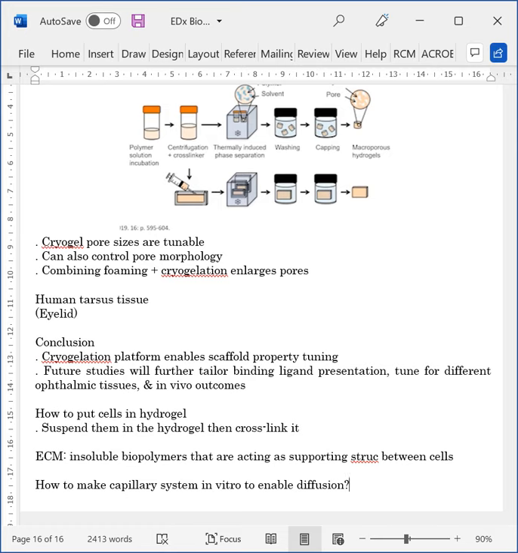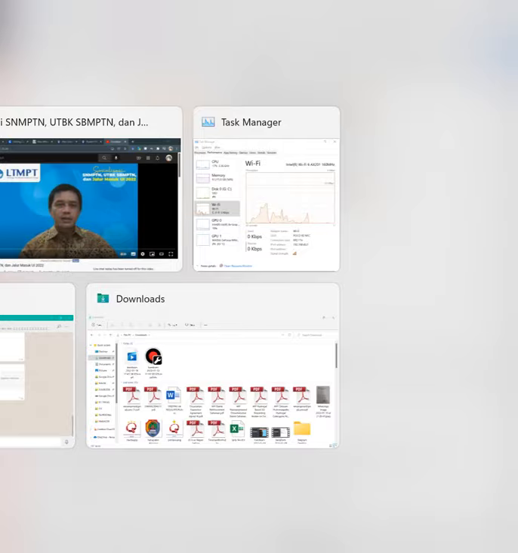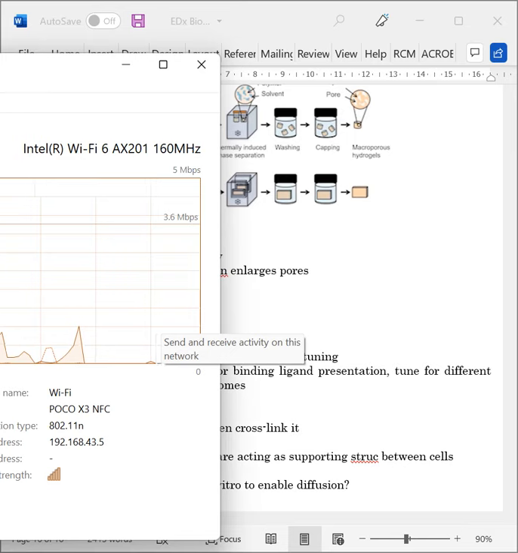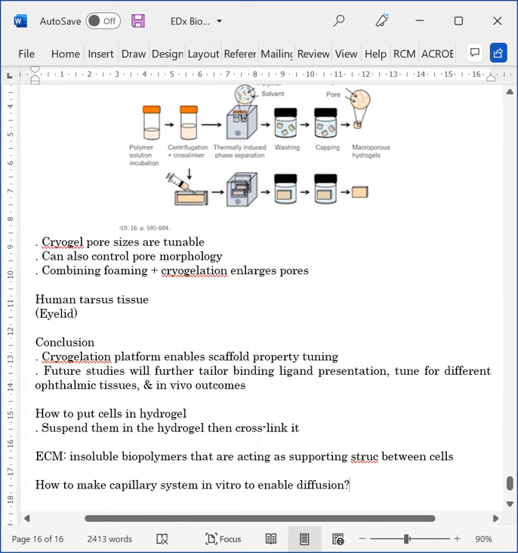And what about hydrogels that tend to have dense polymer networks?